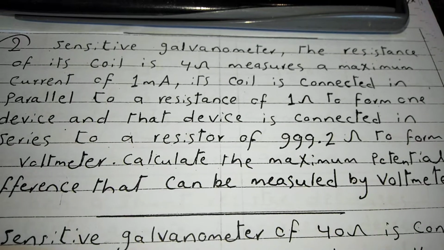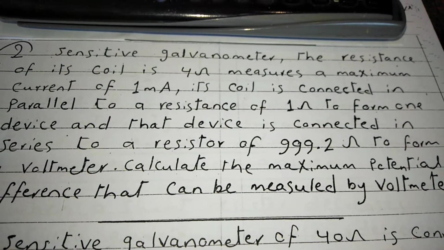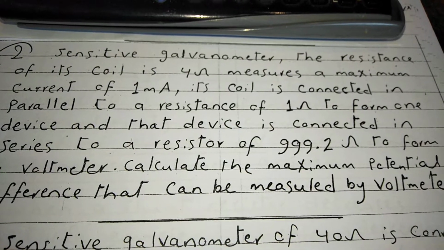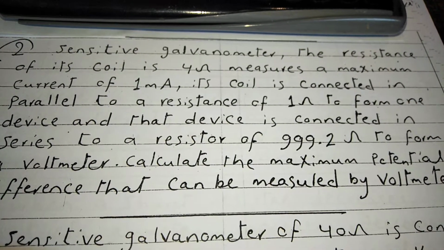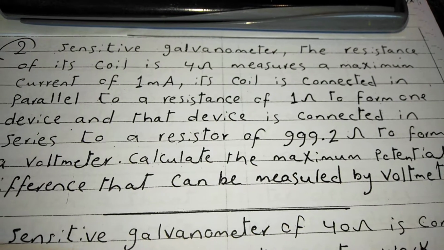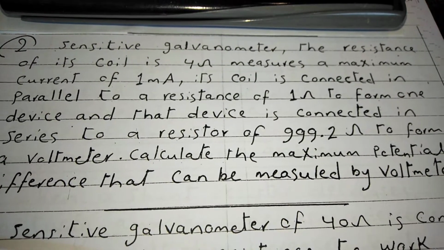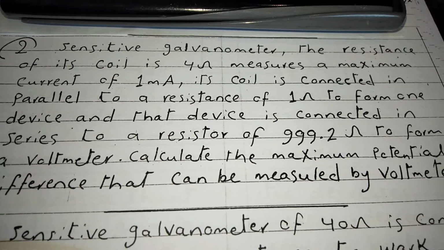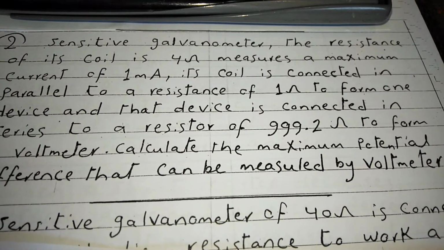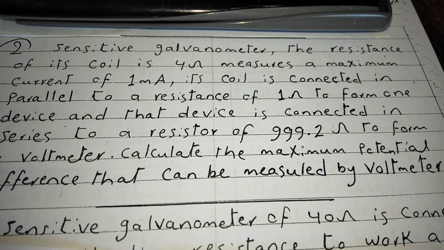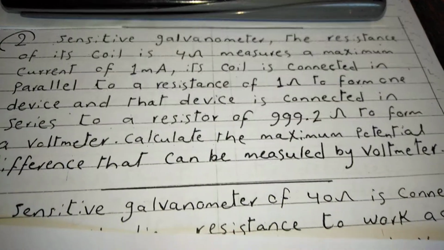Its coil is connected in parallel to a shunt of 1 ohm to form one device. He didn't call it a device because he was going to modify it, and that device is connected in series. Now he should convert it into a voltmeter with a multiplier of 999.2 ohm. Calculate the maximum potential difference.